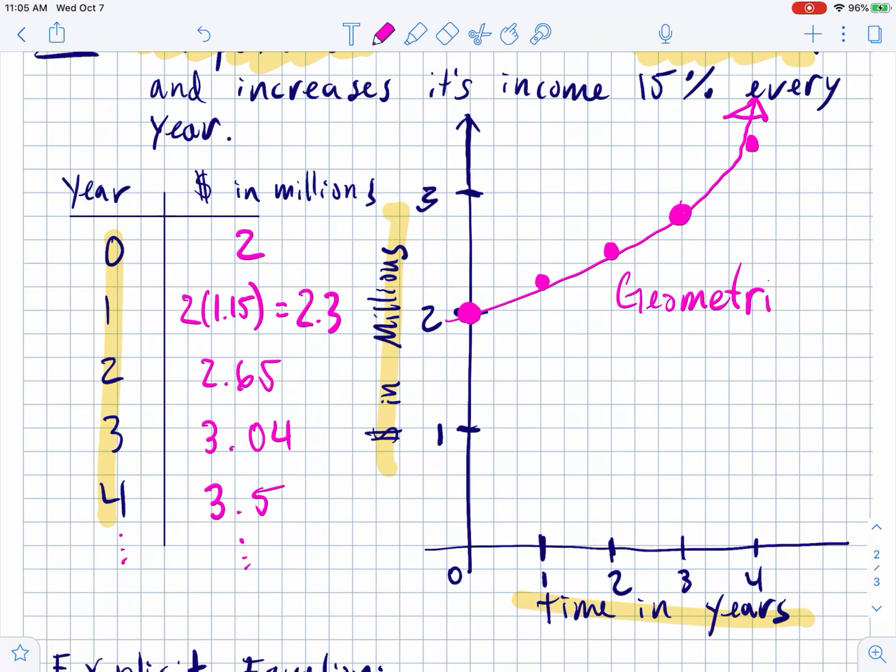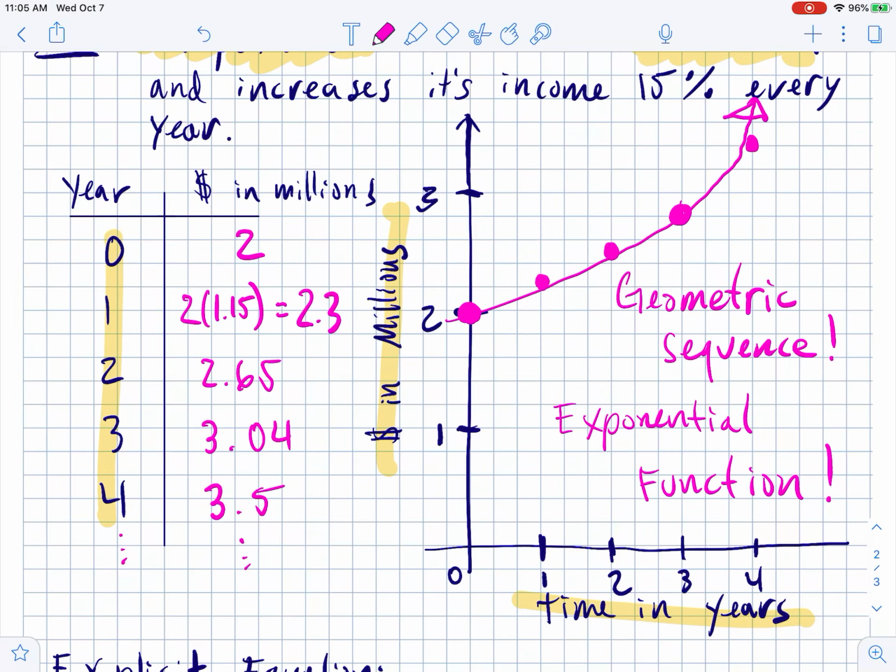So this is geometric because it's getting multiplied by 1.15 every single time. But in terms of functions, this is going to be an exponential function.